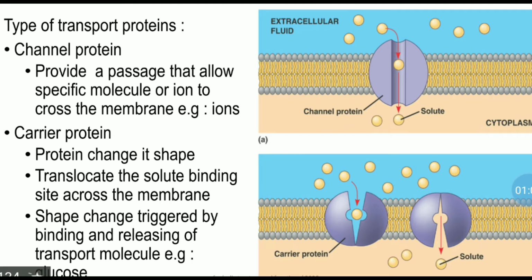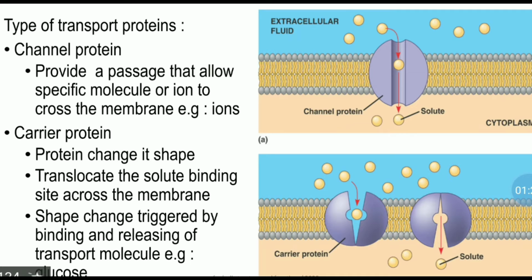Whereas for the carrier protein, it involves the changing of the shape of the protein. Let's take glucose as a good example. The glucose concentration is higher in the extracellular fluid compared to the glucose concentration in the cytoplasm.